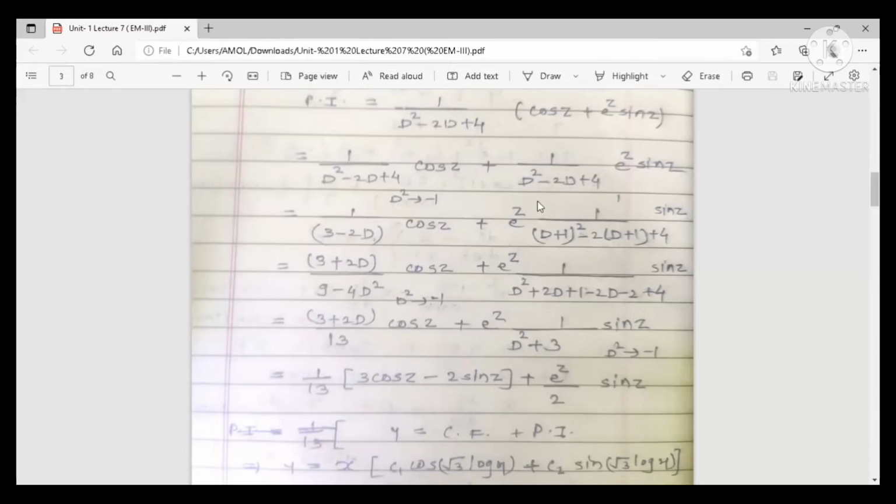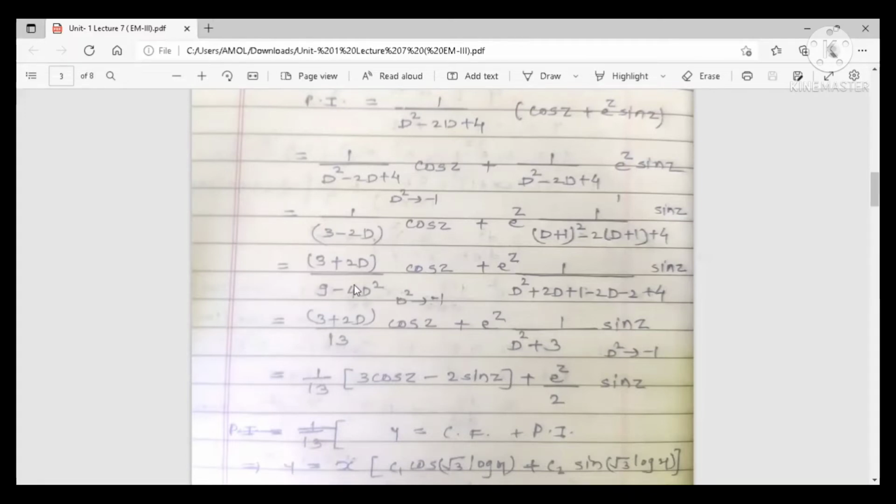Plus e raised to z. In the second term, the work of e raised to z is over, so e raised to z as it is. In the denominator, expand the term D plus 1 whole square. So it is D square plus 2D plus 1 minus, solving this bracket, minus 2D minus 2 plus 4, into sin z. So the first term is now 3 plus 2D upon 9 minus 4D square into cos z. Now the trigonometric function cos is there. So replace the term of D square by minus 1 like in the second step.